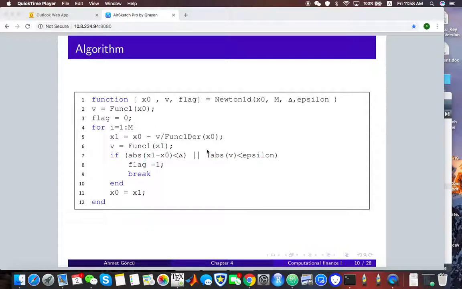You can see that we have two types of conditions. Basically, if our x values are not changing much from one iteration to the other, meaning the new value of x is already very close, within some delta neighborhood, then this is a stopping or convergence criterion.